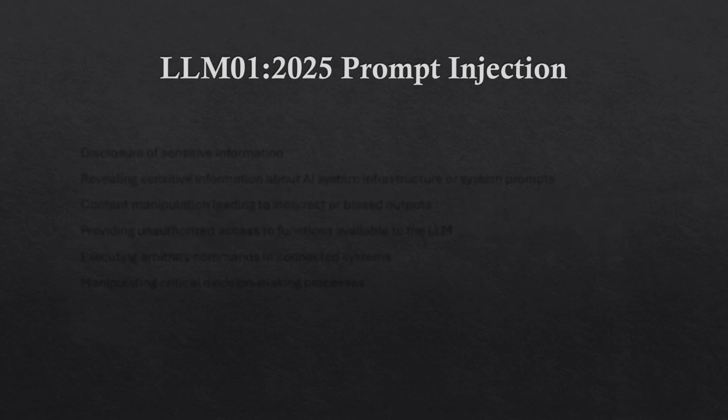What an attacker may achieve using prompt injection. First thing first, disclosure of sensitive information. The attacker may trick the LLM into revealing private or confidential data such as user input history, internal documentation, or personal identifiable information, PII.